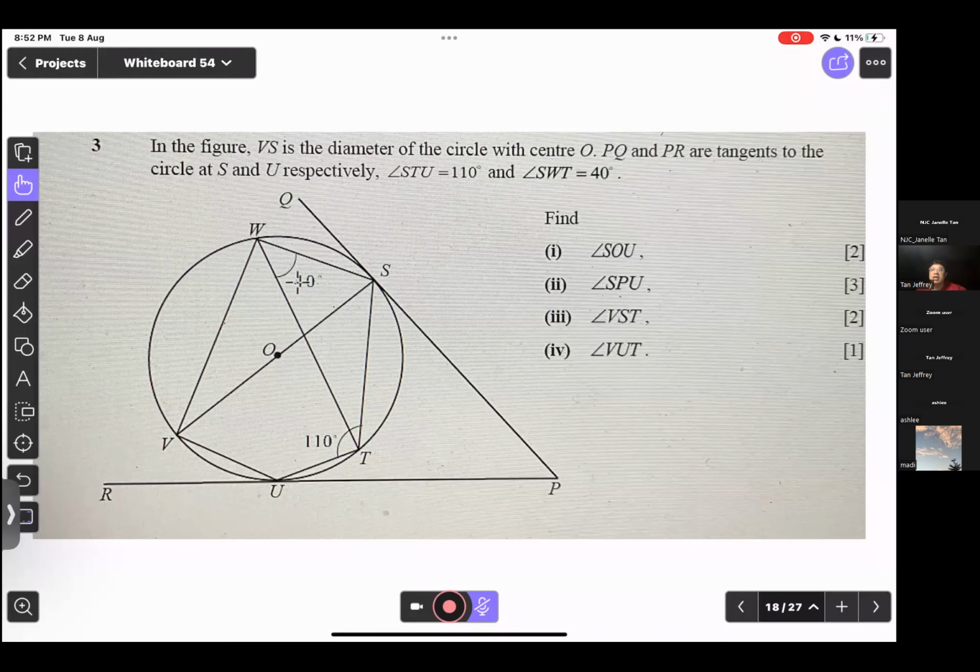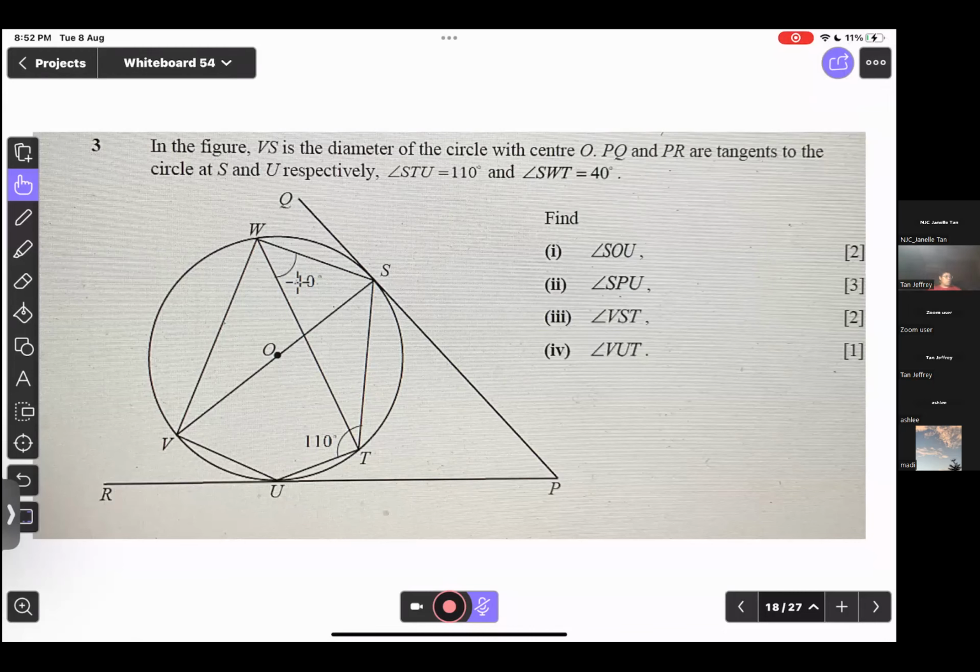But if there's no opportunity to use that property, then you don't need to use other things. Because the answer key did use the angle circle one.